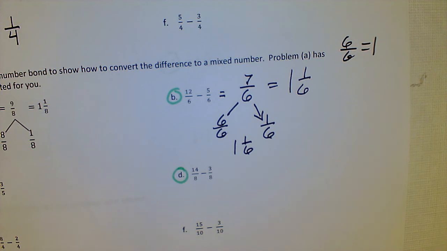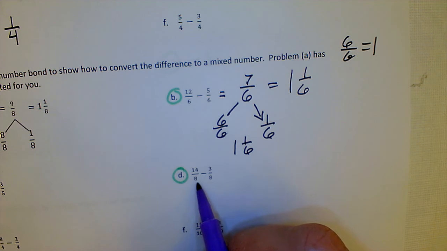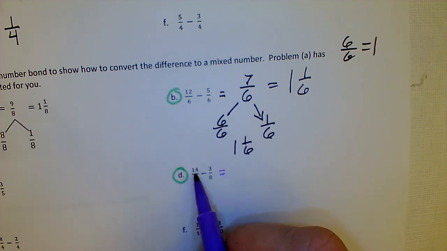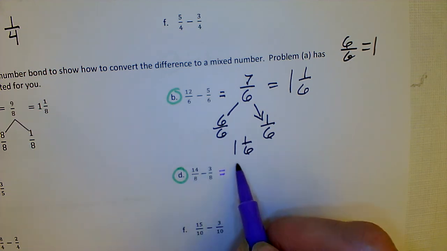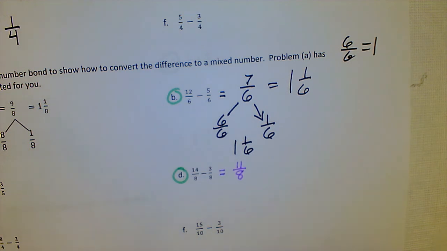So let's do another one like that. And just to keep them apart so the page doesn't get too busy, let me see if I have another color that I can use. Nope, this one doesn't work. I'm going to grab this one. This one will work. Okay. So for this one, I have 14 eighths minus 3 eighths. So 14 minus 3 is 11. So I'm going to have 11 eighths.